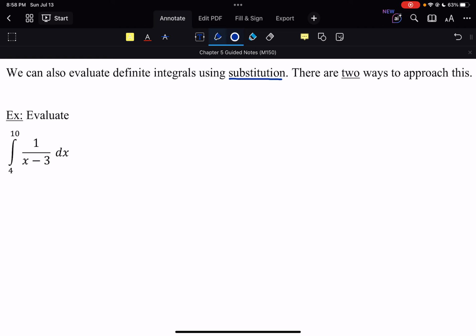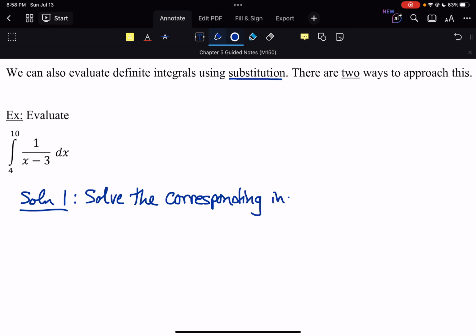So for the first one, our first solution, we're going to solve the corresponding indefinite integral.